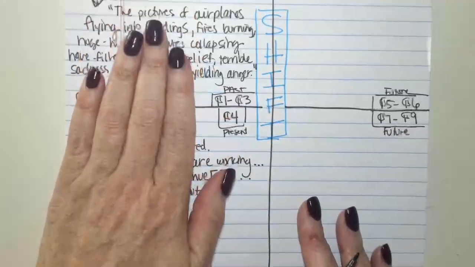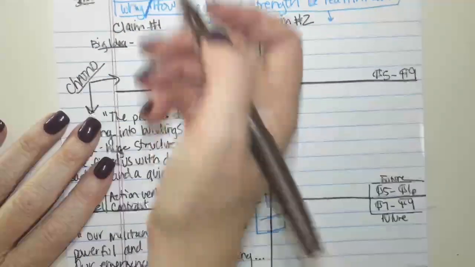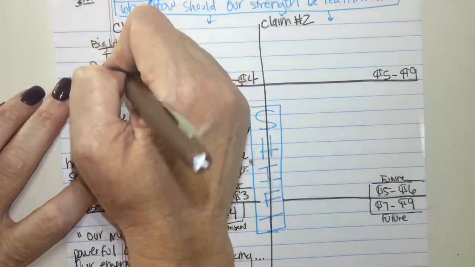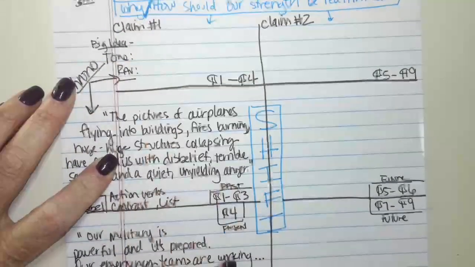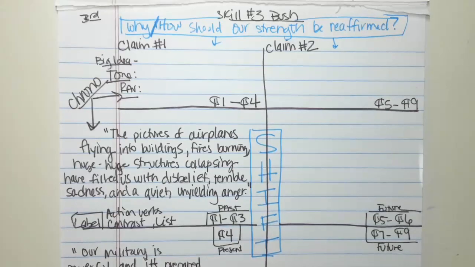What do those two things prove? Why should our country be reaffirmed in its strength?